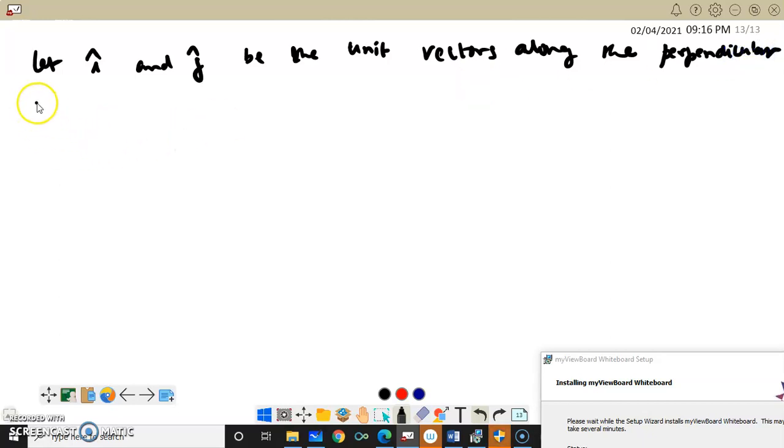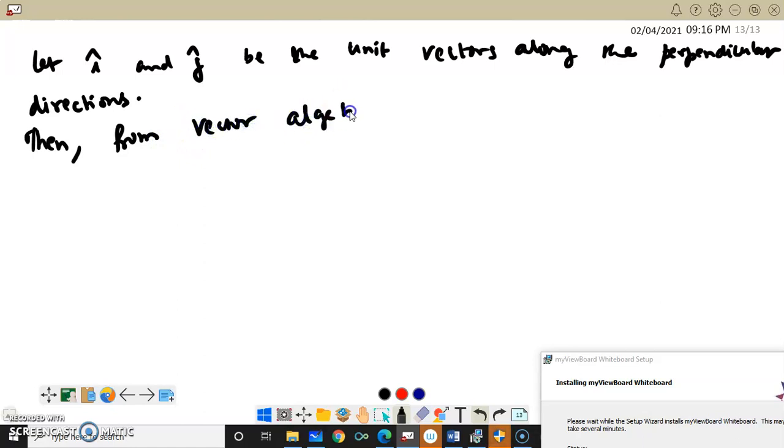Let I cap and J cap be the unit vectors along the perpendicular directions. Okay, then from vector algebra, what do we have?